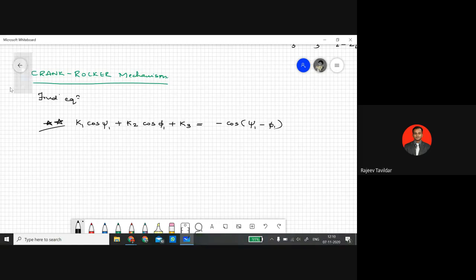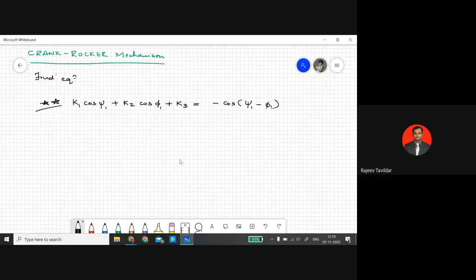If you notice in this equation and the previous slider crank equation of Freudenstein, in the slider crank, which we have done in the previous class, the only parameter was theta 2, that is the angle of the crank. But now here I have two parameters: one is psi, which is the movement of the input angle, and another one is phi, which is the movement of the output angle.